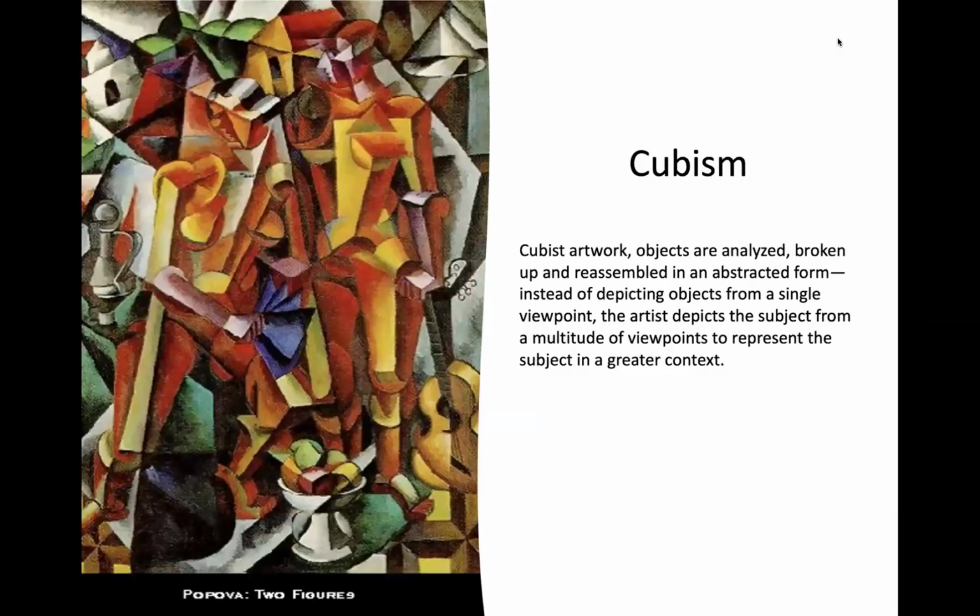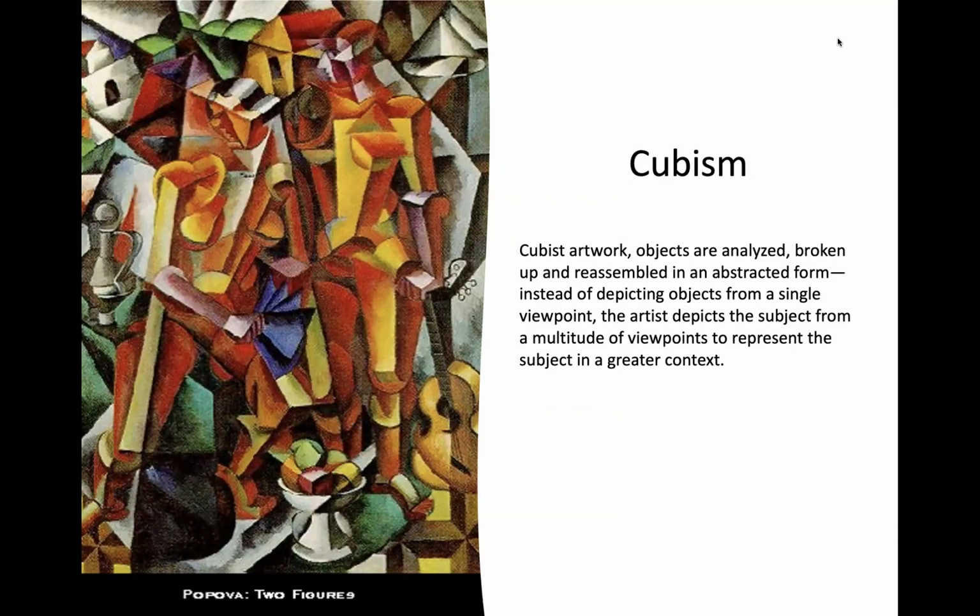Last art movement I want to talk about is Cubism. This is probably one of the stranger art movements that we've seen. And really, objects are looked at, kind of broken down, and then reassembled in this very abstract way. As you can see, this is a bowl of fruit and some people playing instruments, and it maybe a house party.